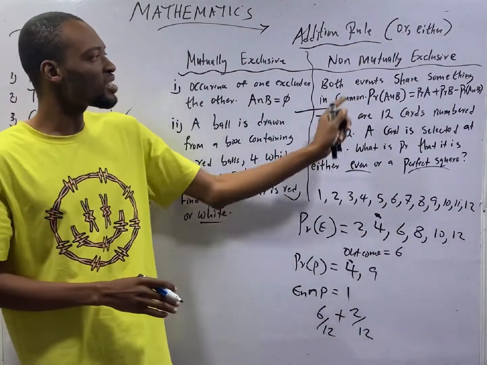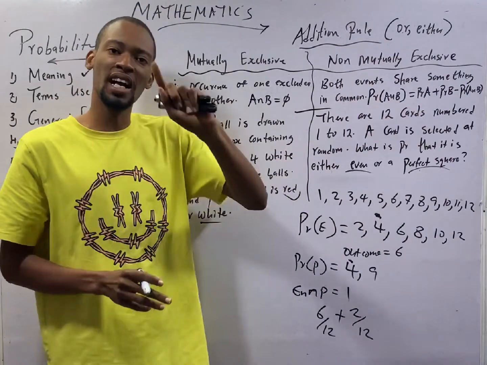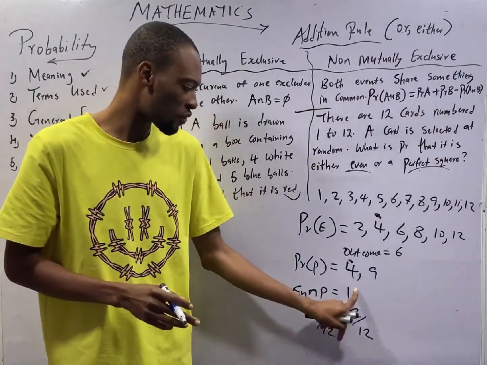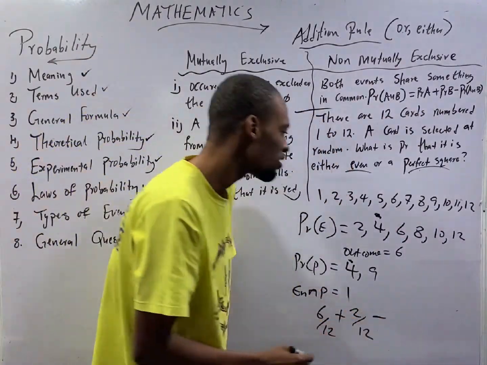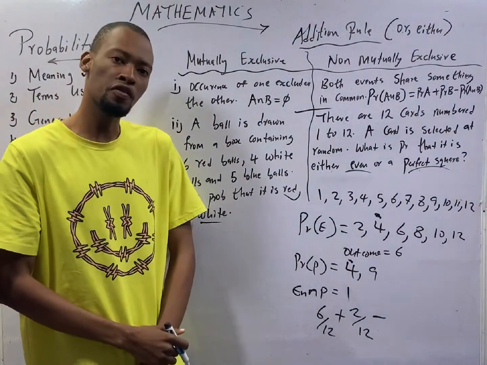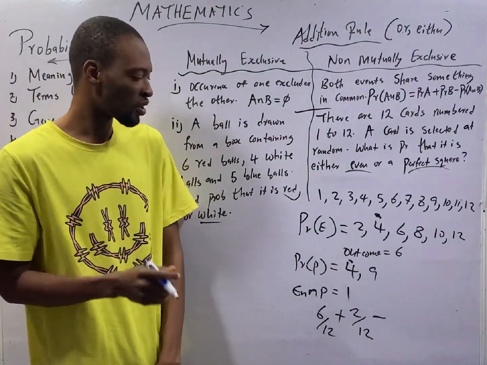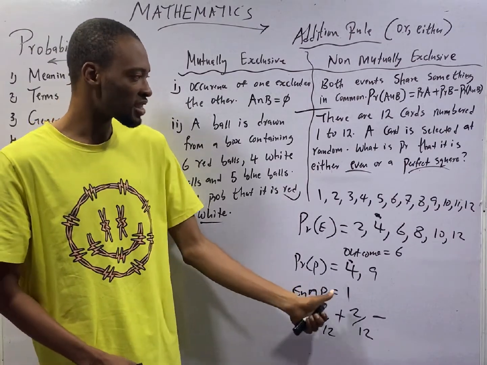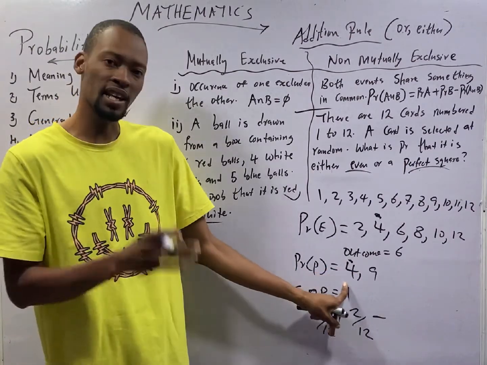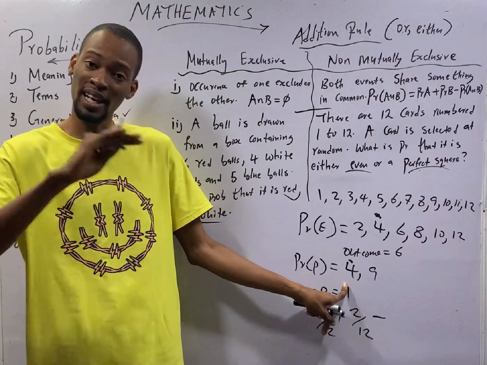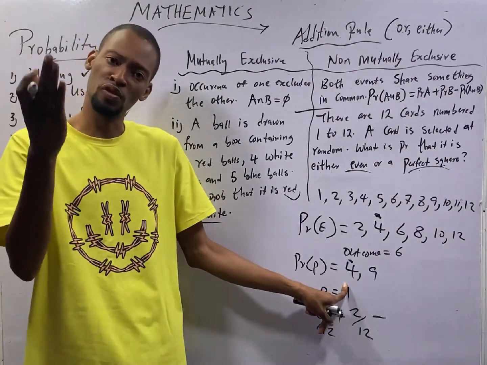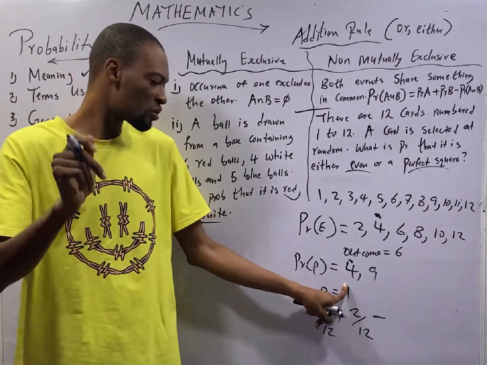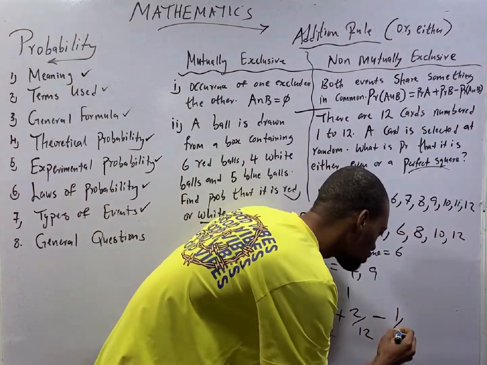But since it is not mutually exclusive, or they have something in common, which is 4, you subtract the probability of getting 4, or of what they have in common. So the probability of even intersection perfect square is 1 out of the total 12 numbers. So that is 1 over 12.